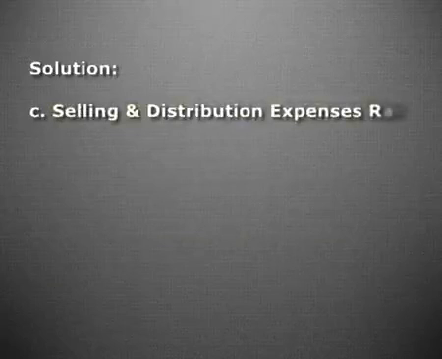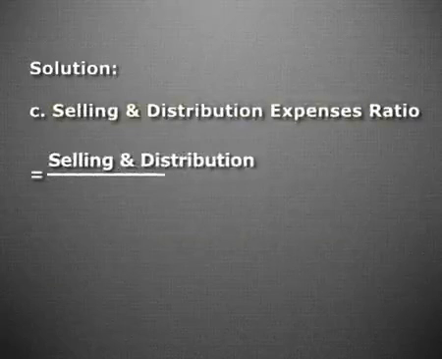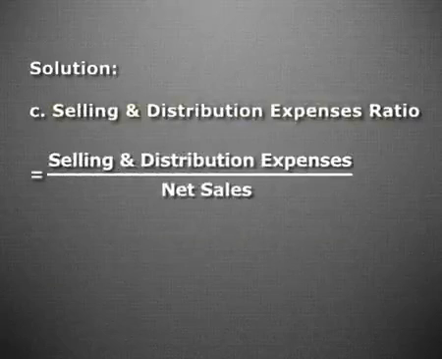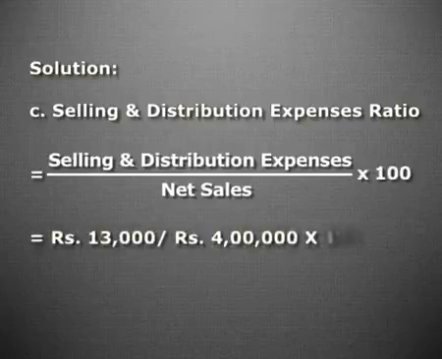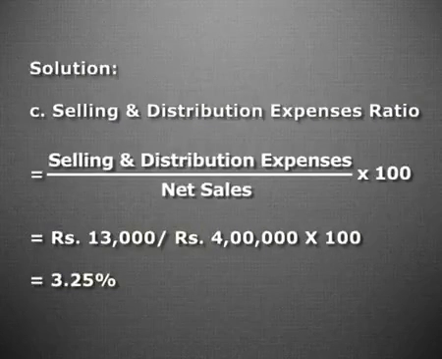C. Selling and distribution expenses ratio is equal to selling and distribution expenses divided by net sales into 100, which is equal to rupees 13,000 divided by rupees 4 lakhs into 100, which is equal to 3.25%.